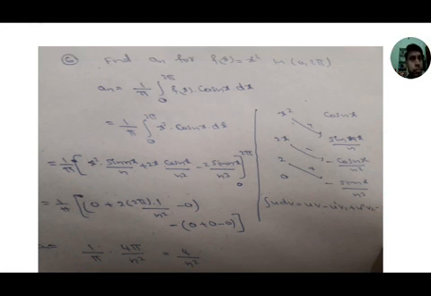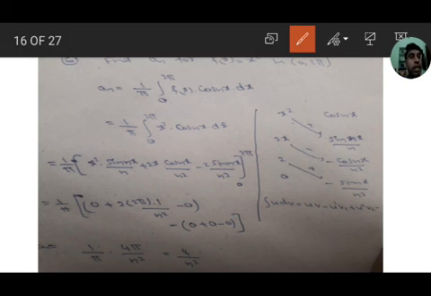Okay. Here find an for f of x equal to x square in 0 to 2 pi, and an formula is 1 by pi integration 0 to 2 pi f of x into cos nx dx.